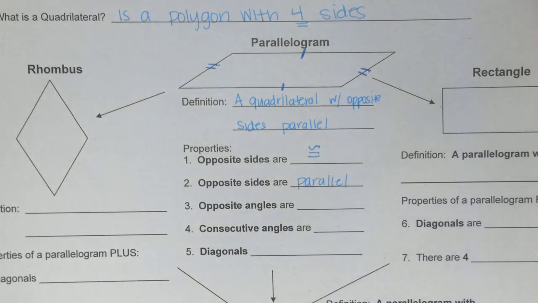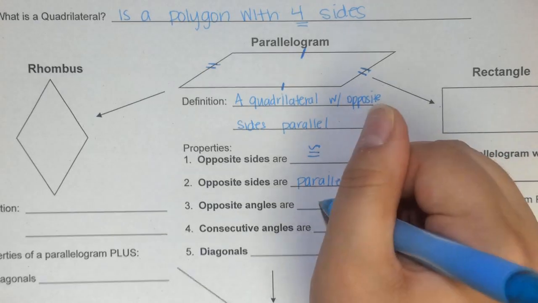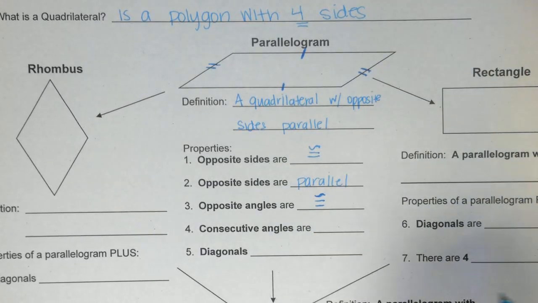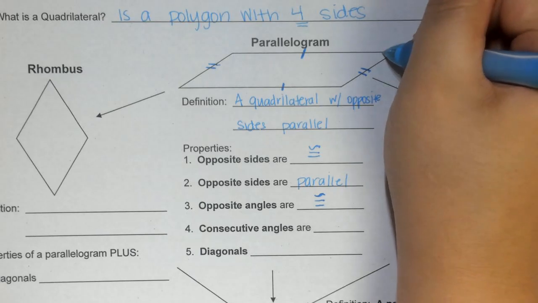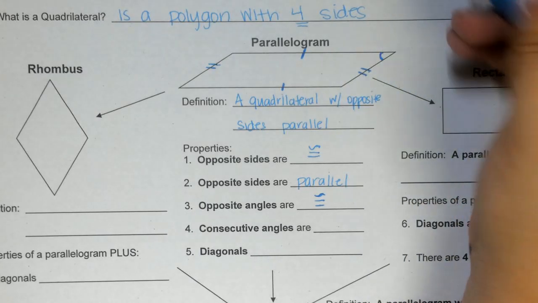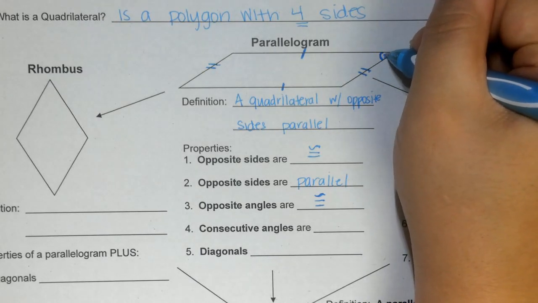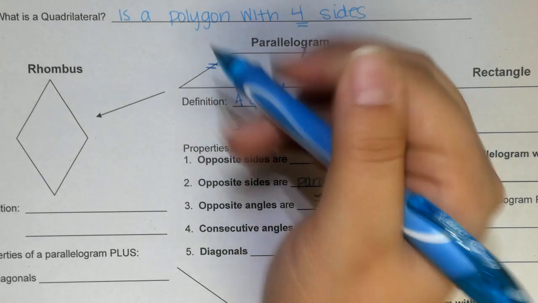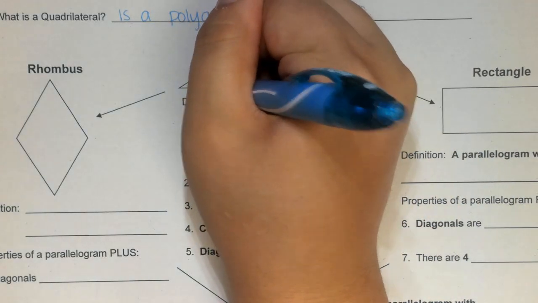Yeah, go ahead. What about opposite angles? They're the same. They are congruent. So whatever this angle is, let's say this angle is 80. What else is going to be 80? Way across from it over here.